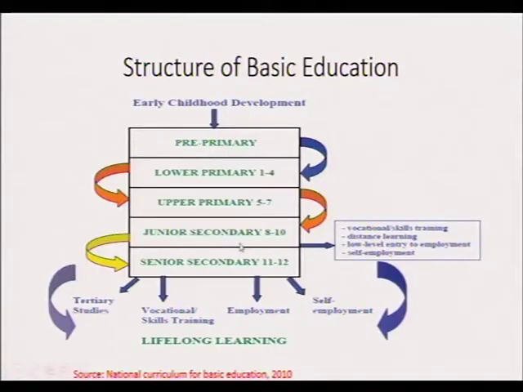Just a little bit on the structure of basic education. This is taken from the National Curriculum for Basic Education for 2010. When it comes to the structure of basic education, before you get to higher education, you are prepared to reach the level of senior secondary.